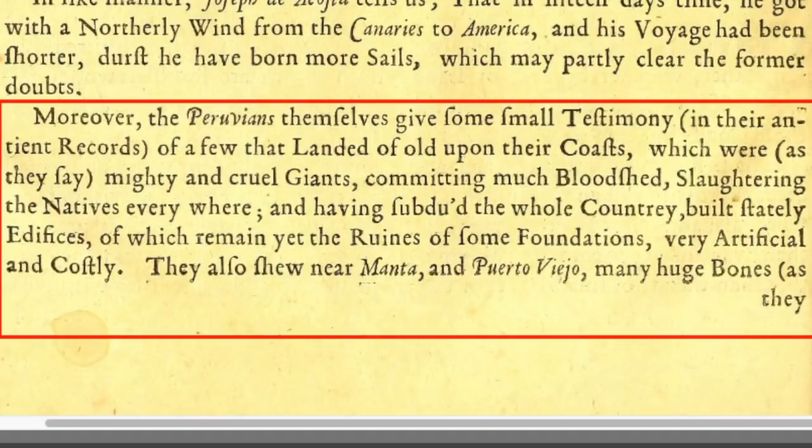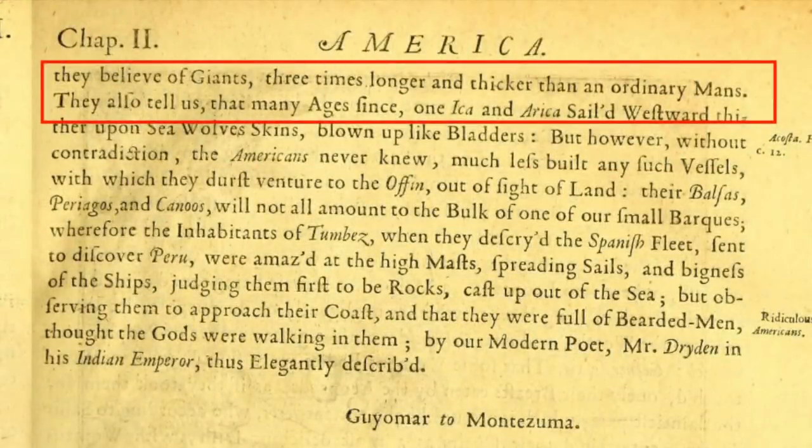They also showed near Manta and Puerto Viejo many huge bones, as they believe, of giants, three times longer and thicker than an ordinary man's.